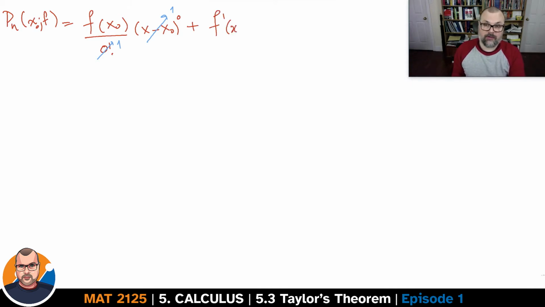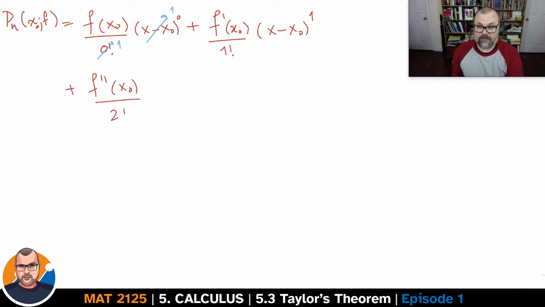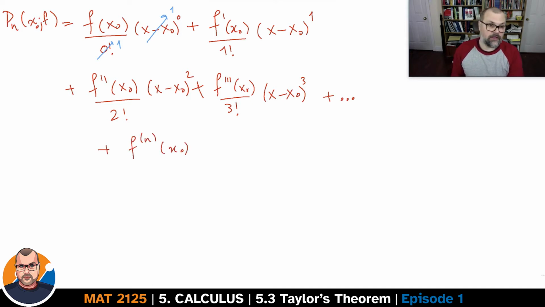Then we'll compute the value of the first derivative at x0 divided by 1 factorial times x minus x0 to the power 1, plus f prime prime at x0 divided by 2 factorial times x minus x0 squared, plus f prime prime prime, the third derivative at x0, divided by 3 factorial times x minus x0 to the power 3, and you're going to go all the way to the final term, which is the nth derivative of the function f at x0 divided by n factorial times x minus x0 to the power n.